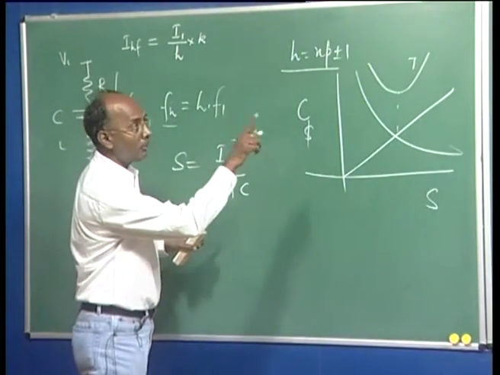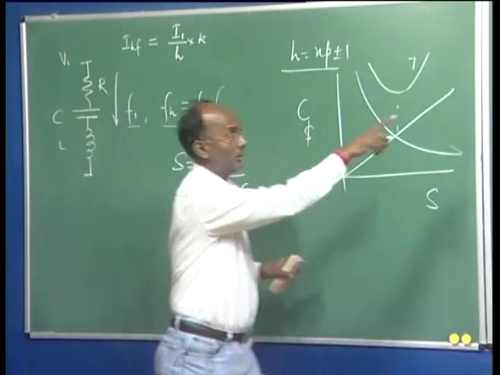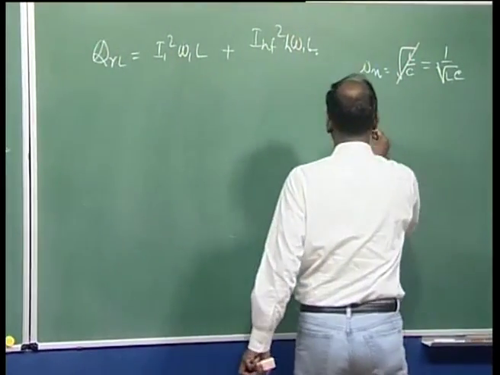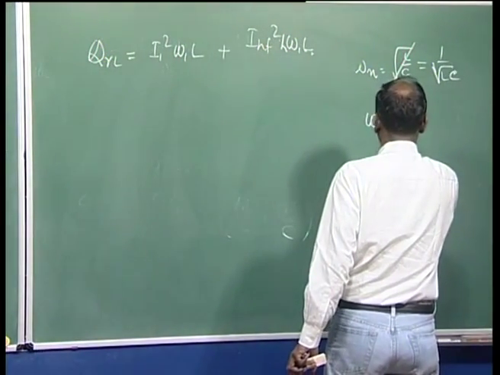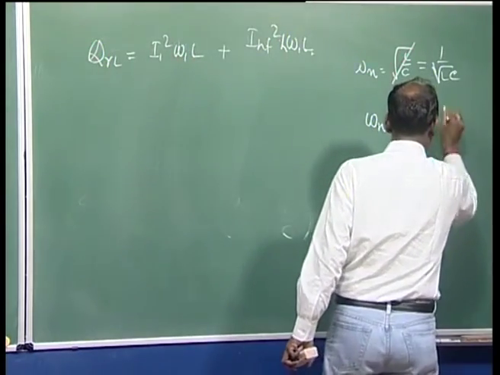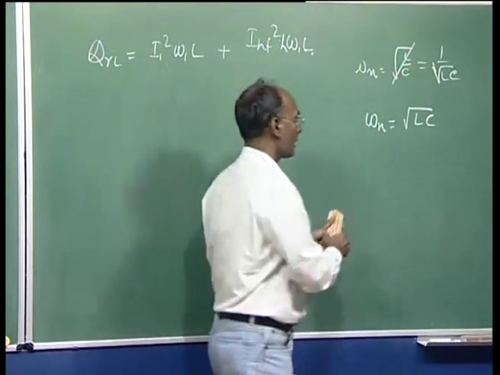Now, we want to replace this L. We know omega n is the square root of 1 upon L C, so I can square it.